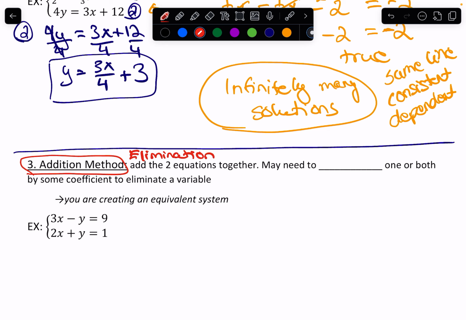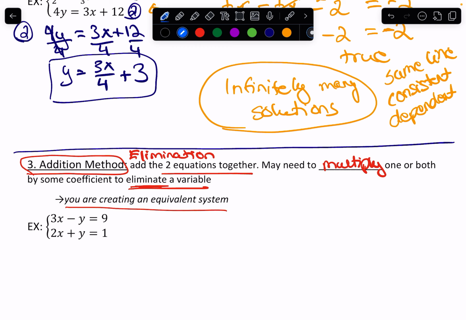I feel like the newer books use the elimination method, or newer curriculums. So that is when you add two equations together, you may need to multiply one or both by some coefficient to eliminate a variable. That's where the elimination comes from. So you are basically creating an equivalent system, what we're doing here.